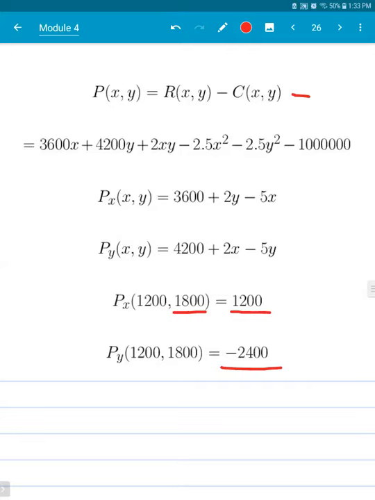Now, similarly for this one, what is fixed and what is changing? Anyone? You're differentiating with respect to Y, so what is fixed? Type A, X. Yes, the other one. So what is changing here? So here's the owner of the company, and he's not thinking of, say, changing the number of units for type A calculators.